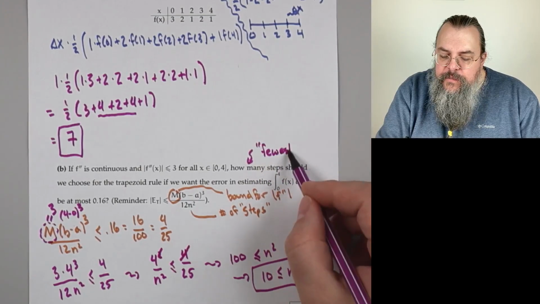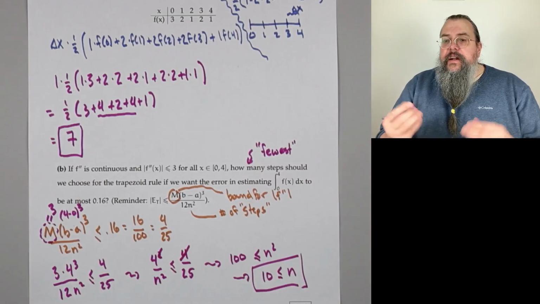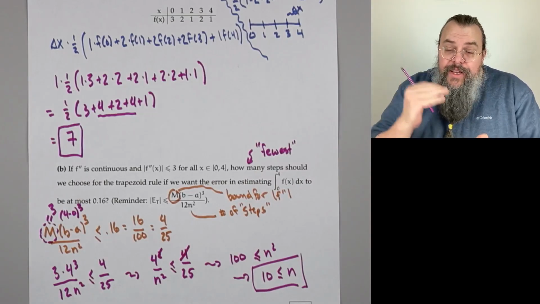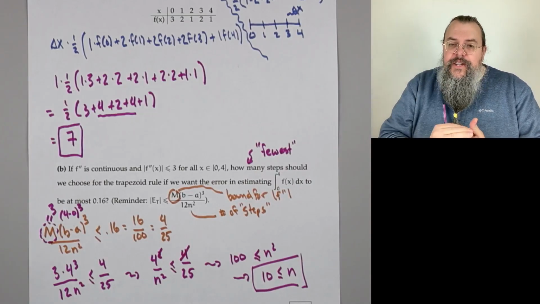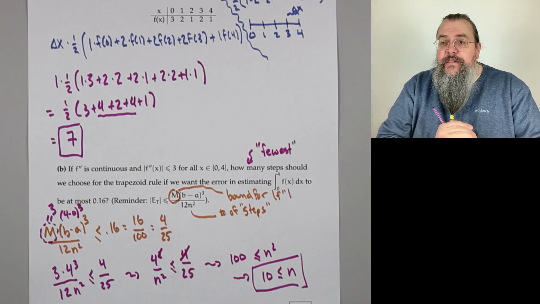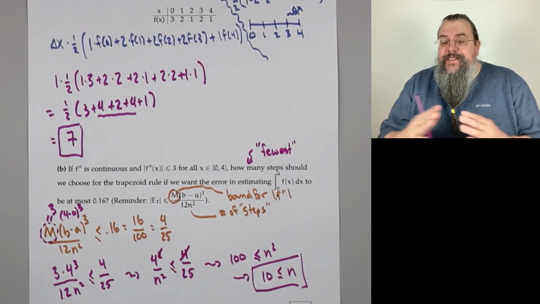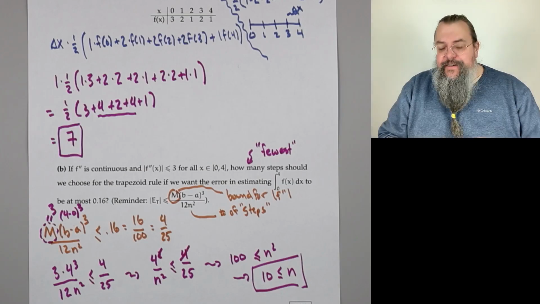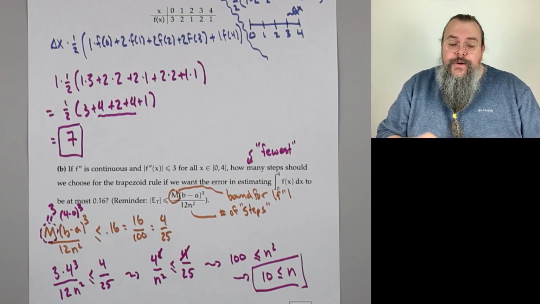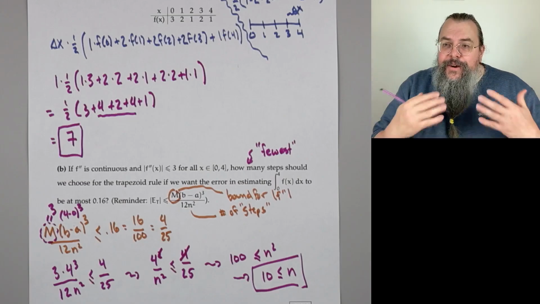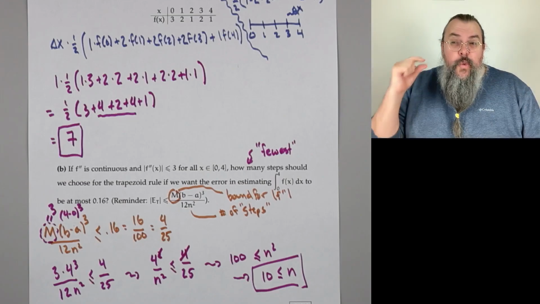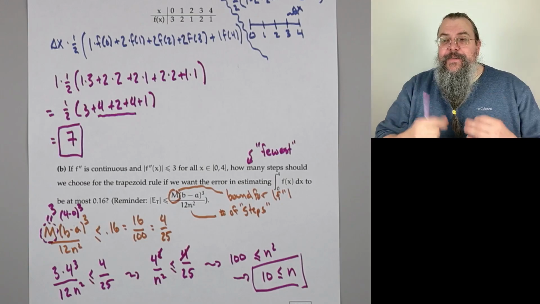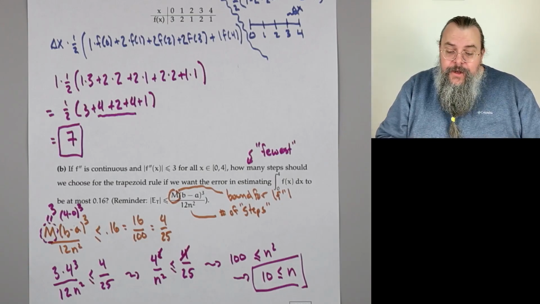What's the fewest number of steps needed? In our case, as soon as we hit 10 steps, we're guaranteed our error is at most 0.16. It's probably less than that, because this is a very generous error estimate, but that's okay. We just need to know what's guaranteed. So at n equals 10, we're guaranteed. Life is good.